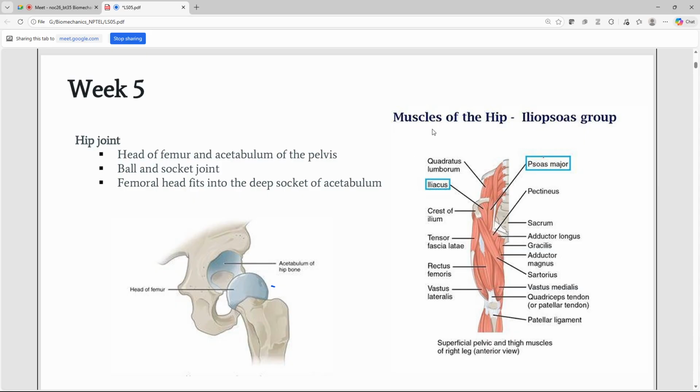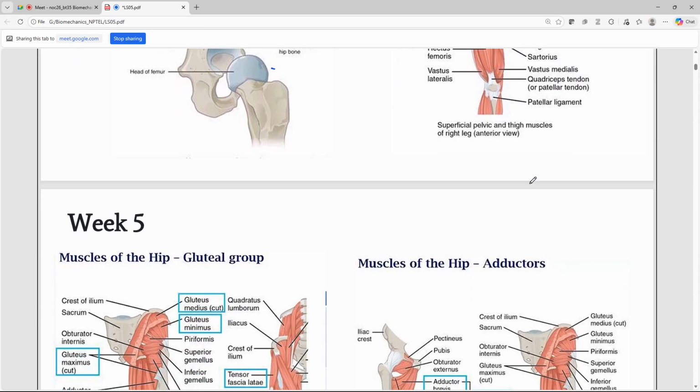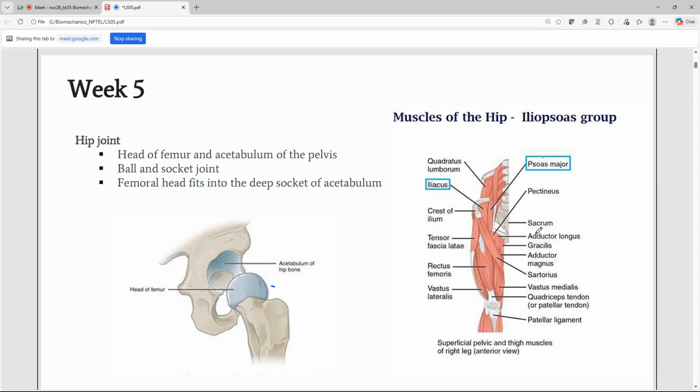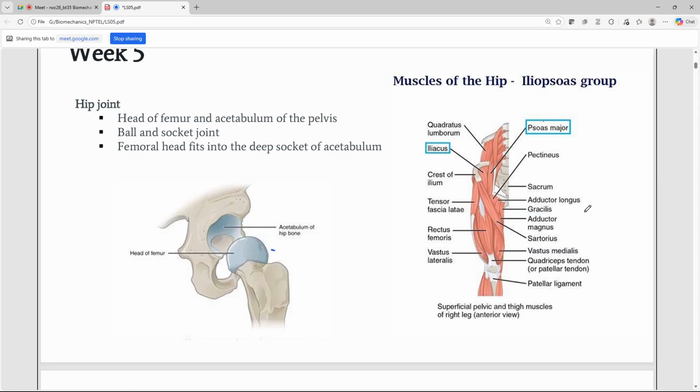And like what we have seen in the spine, here also muscles are separated into main groups. The muscles of the hip are classified into three groups: iliopsoas, gluteal, and abductors. This is the superficial pelvic and thigh muscles of the leg.